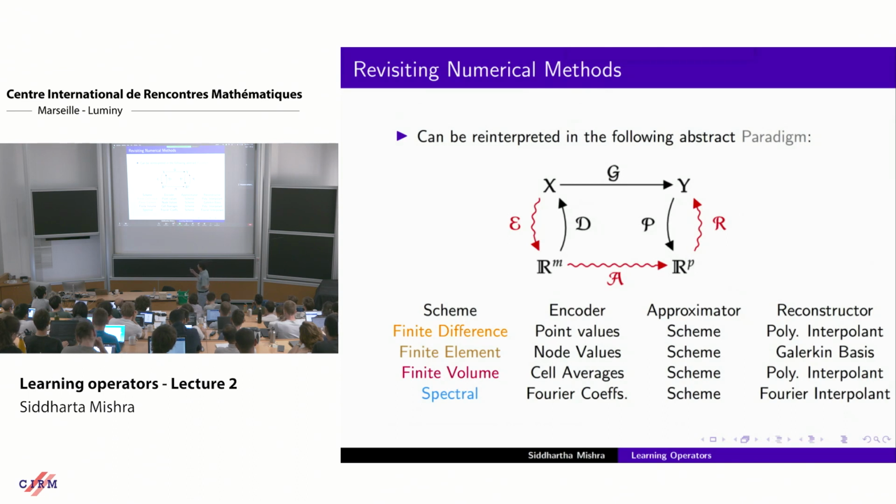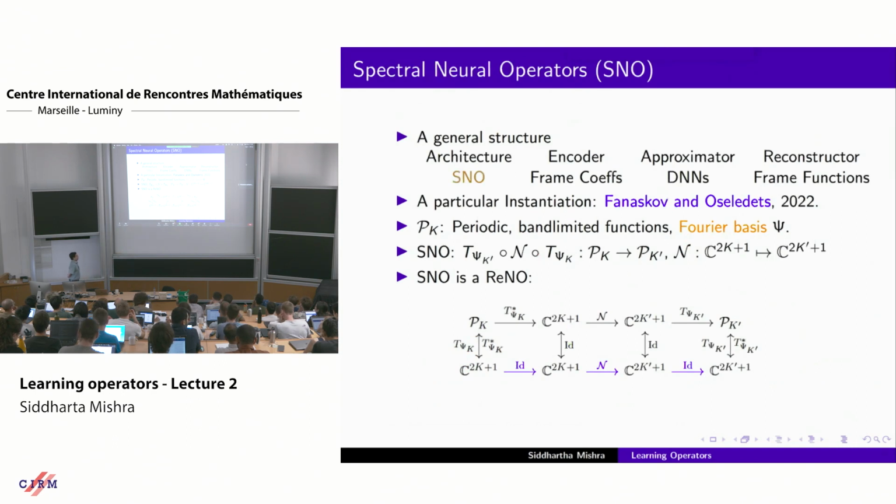It turns out that this can be used to construct neural operators, potentially representation equivalent neural operators. Everyone agrees that this is a scheme by which you can reinterpret practically any numerical method. One can call these spectral neural operators, but I'll give you some context here. There's a lot in this slide, so I'll walk through it gently.